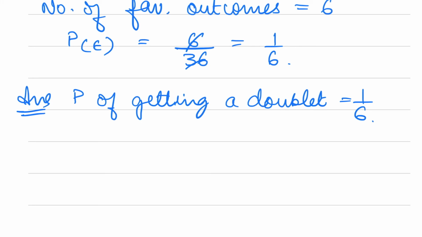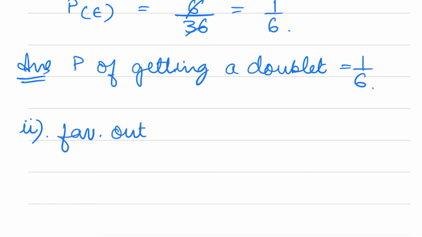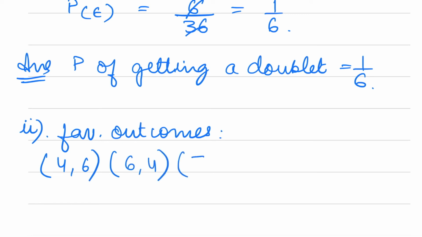Now second part, we have getting a sum of 10 of the numbers on the two dice. So we have 10. So favorable outcomes, let's find out what will be the favorable outcomes. We have 4 and 6, and 6 and 4, and 5 and 5. That's all.